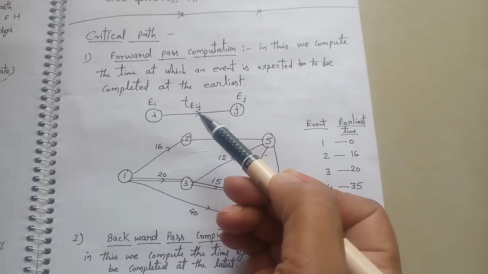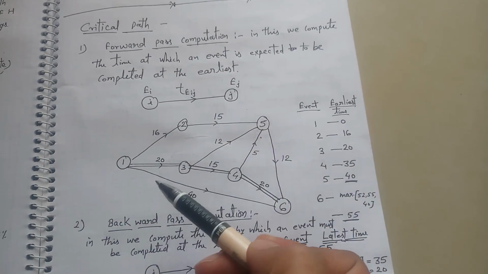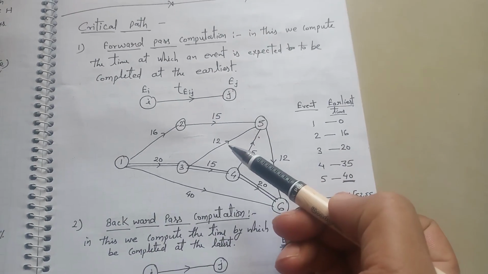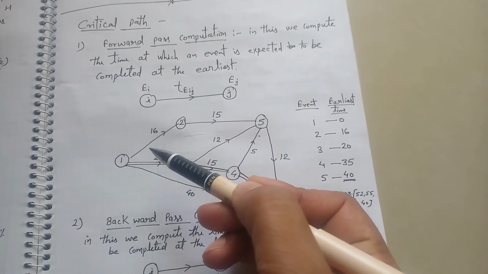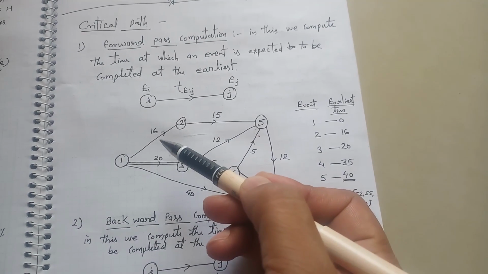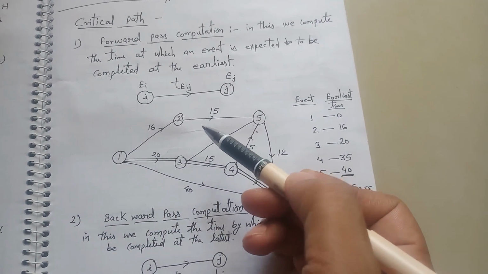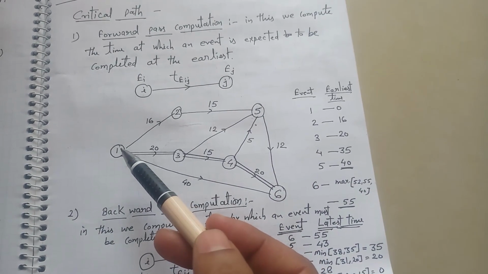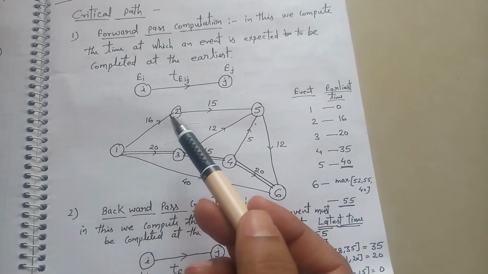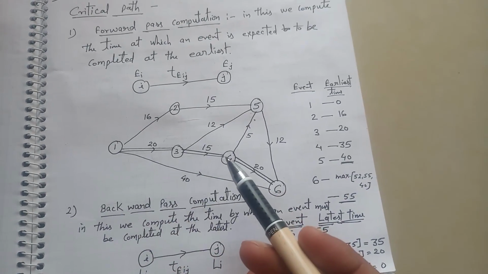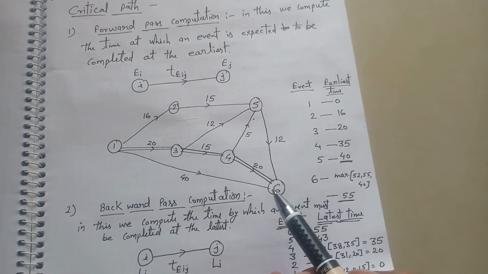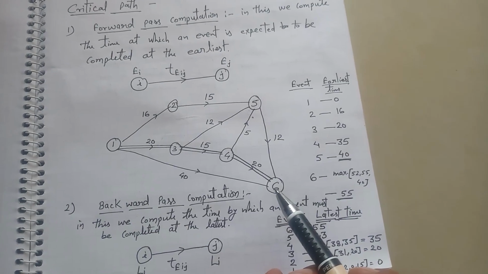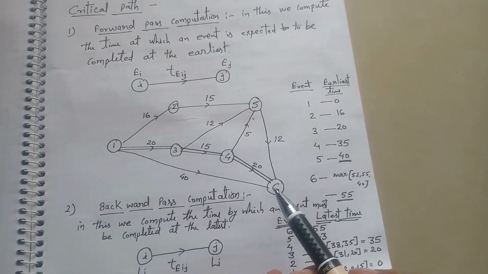Now we take a simple problem where expected time is given, and for different activities we have different expected times. In this problem we have different events like 1, 2, 3, 4, 5, 6. 6 is the completion event for the project.